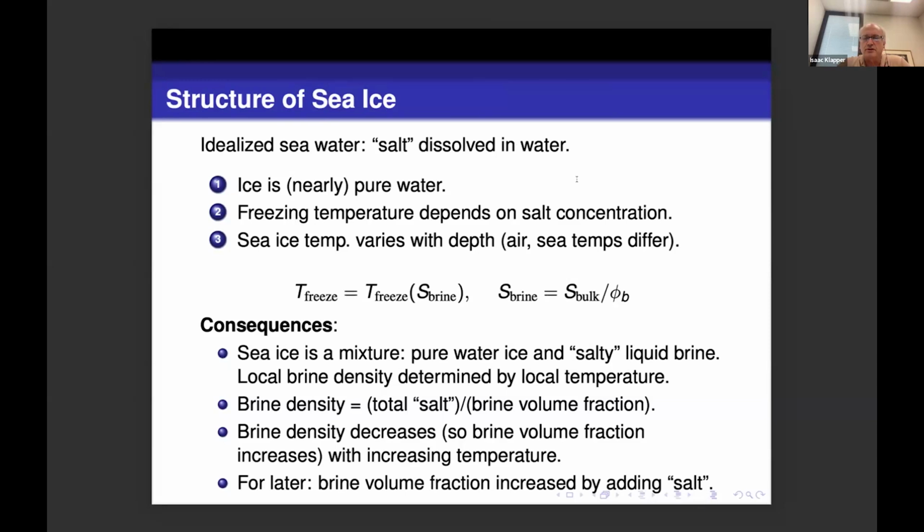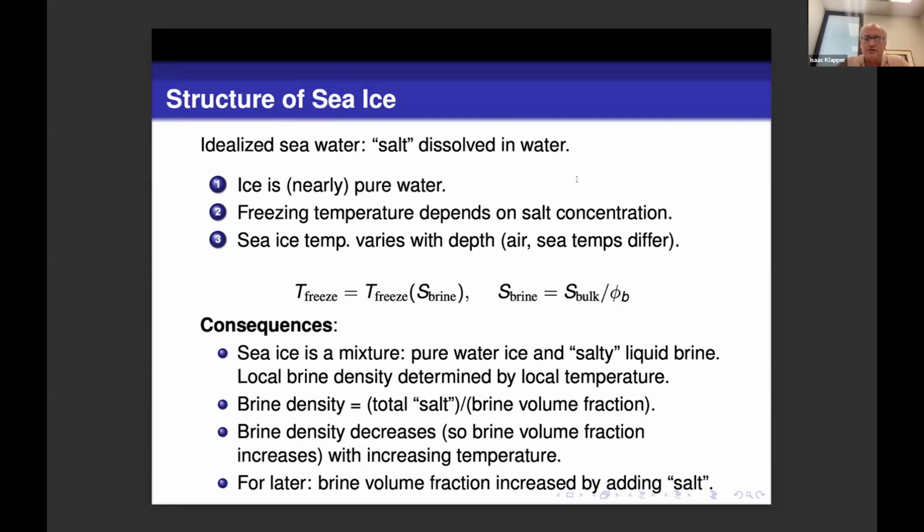The ice itself is essentially pure water, which means that as ice forms, the salt has to be sequestered in brine that gets increasingly salty as more ice forms. And the freezing temperature in that brine will depend on that concentration. So depending on the temperature, you get to a balance between the amount of ice and the amount of brine, right? More ice means less brine, but it's saltier. So eventually you get to an equilibrium.